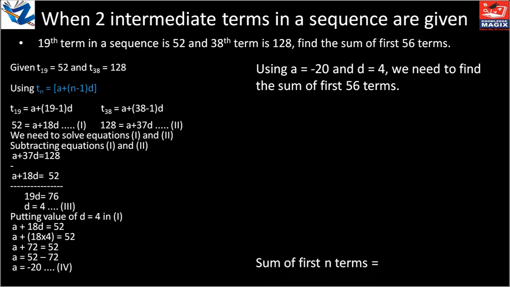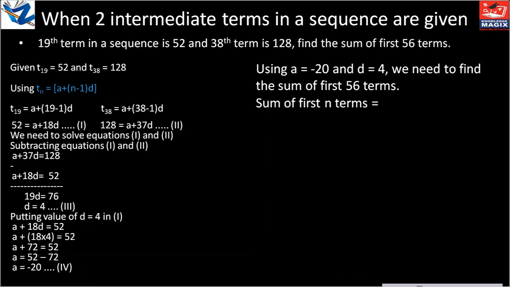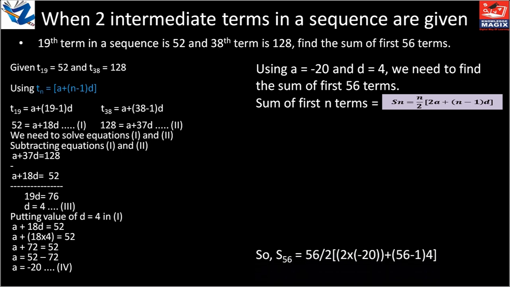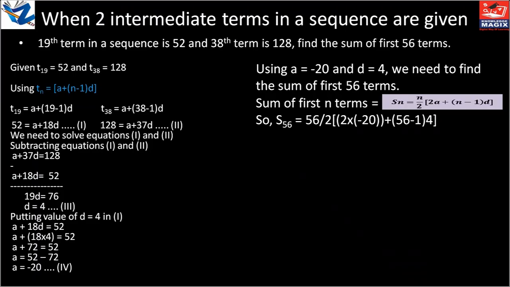first 56 terms. Sum of first n terms Sn is equal to n upon 2 into 2a plus n minus 1 into d. So, S56 is equal to 56 upon 2 multiplied by 2 into minus 20 plus 56 minus 1 into 4.